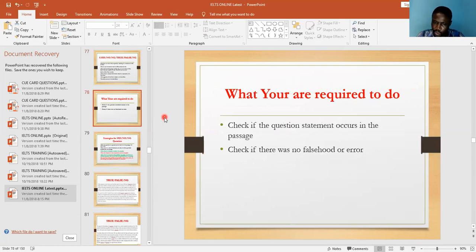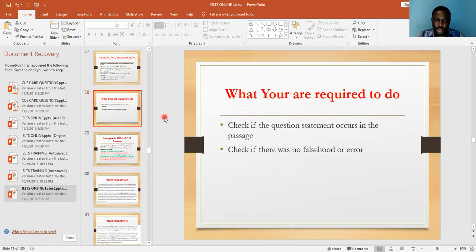Check if the question statement occurs in the passage. If it occurs, then there is a possibility that the question can be true or false. If it doesn't occur, it is a not given situation. So if it occurs, then you now decide if it is true or false.